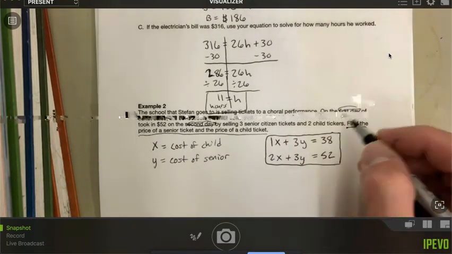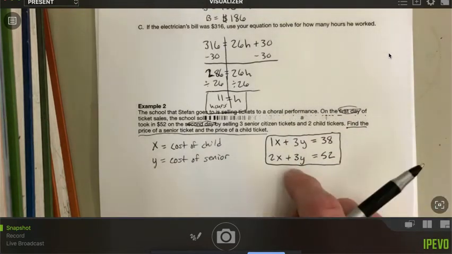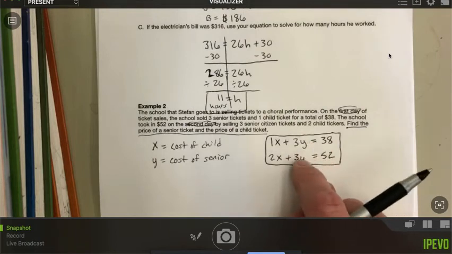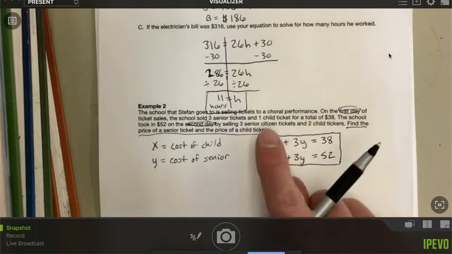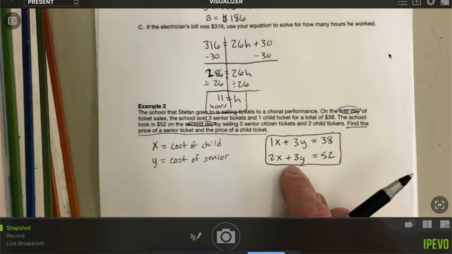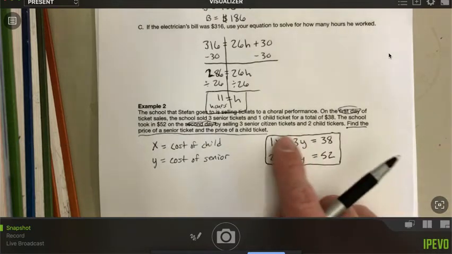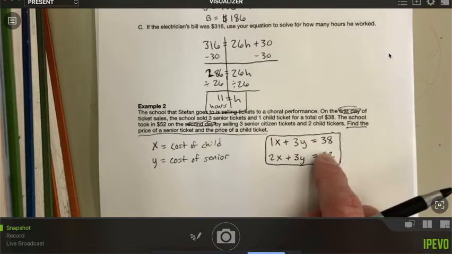Now I could ask you to do something super terrible and rearrange both of these equations so that you could solve with them, but that's a long and unnecessary process. Some of you might have even reasoned through this one and already solved it. When you look at these, the whole thing I want you to understand is you have two equations, now use them.